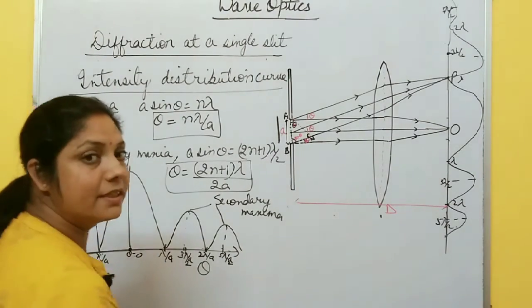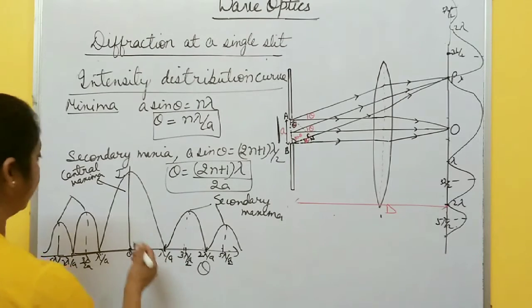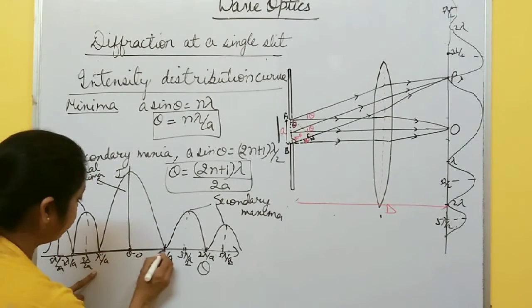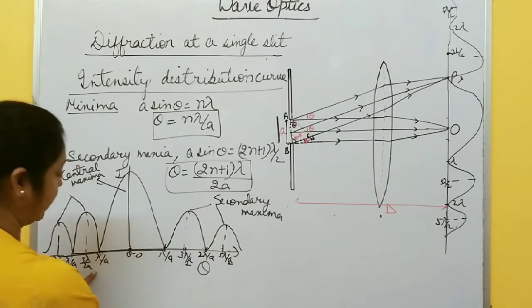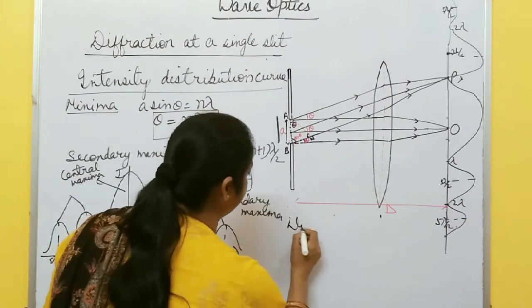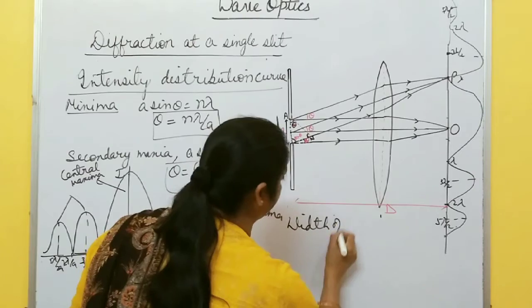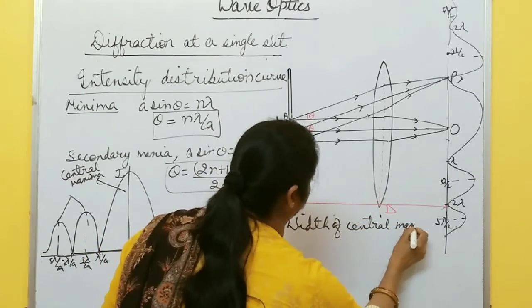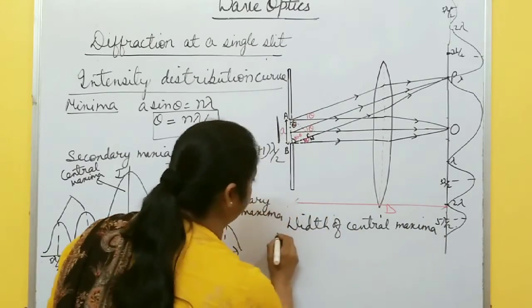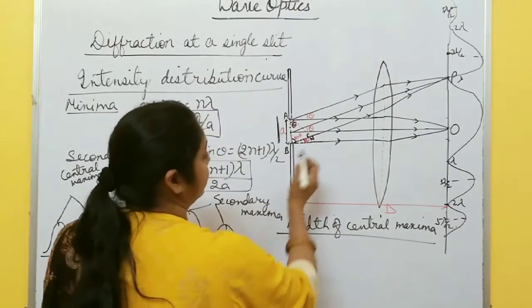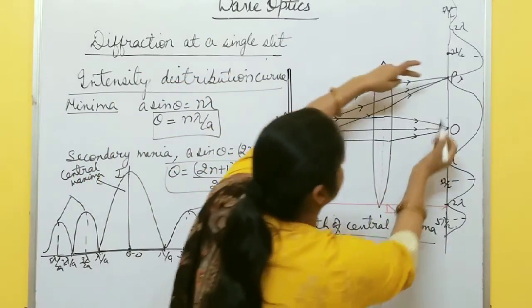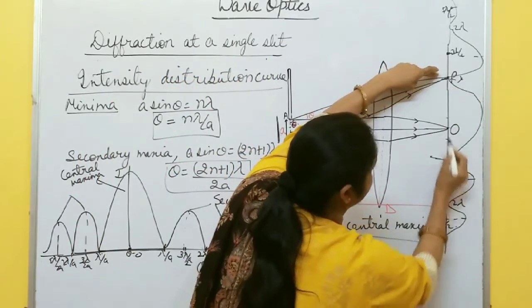Again, what is the width of central maxima? It means central maxima is up to which region? To which angular position is the central maxima formed? So this is the width of central maxima.